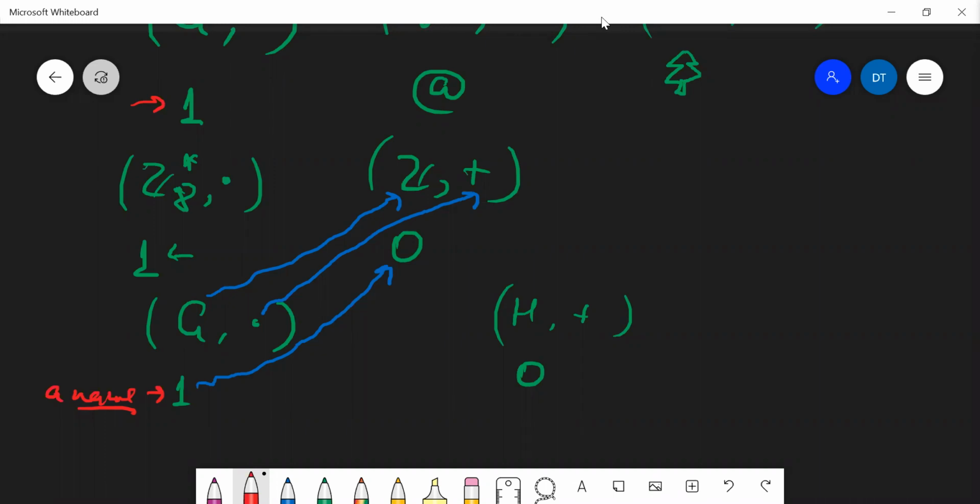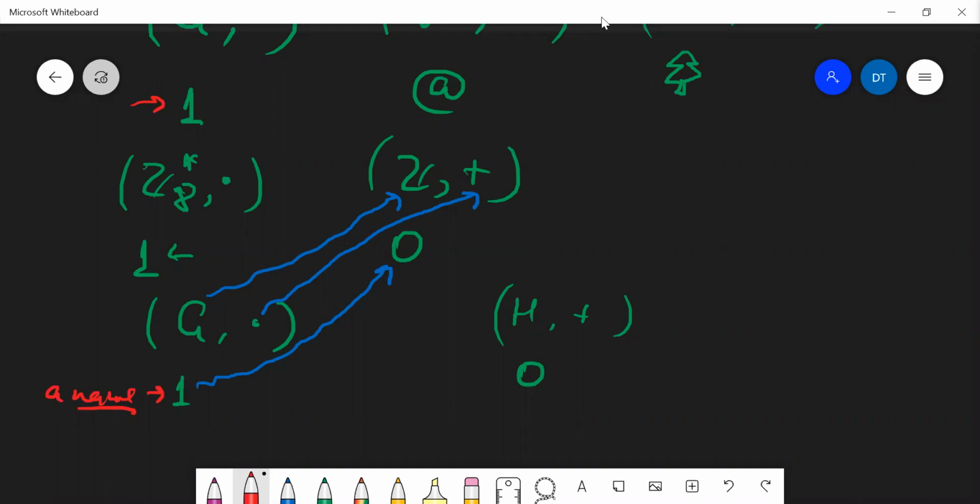This is just a habit, and it's the habit that mathematical literature has. If you see any paper or textbook on algebra, you'll see that people use 1 to denote the neutral element, and they rarely use any other symbols.